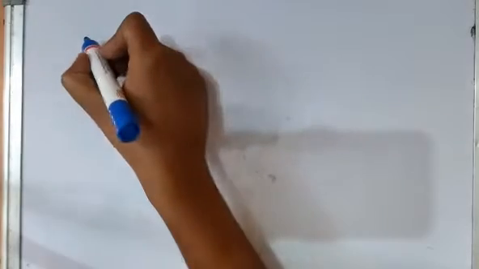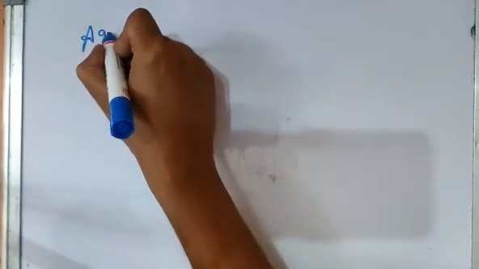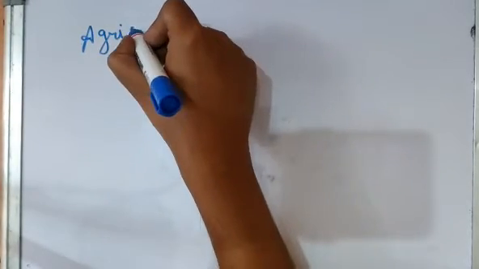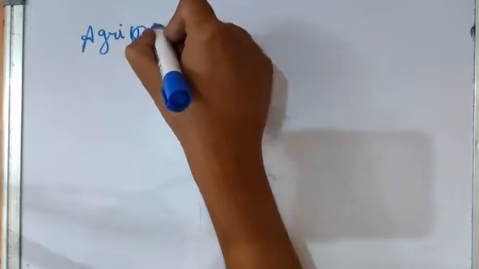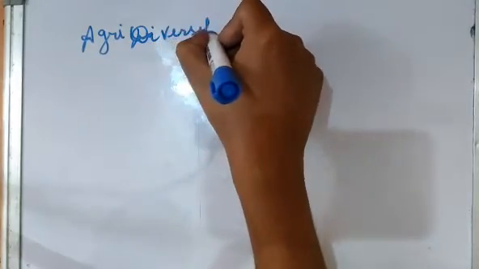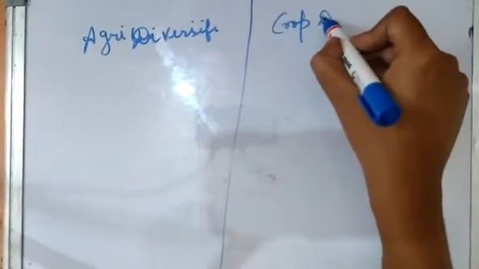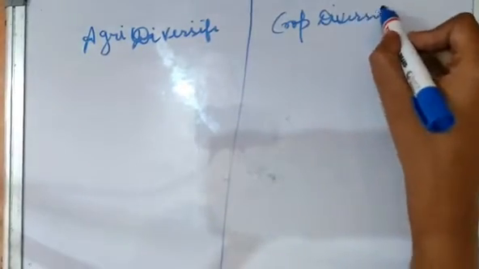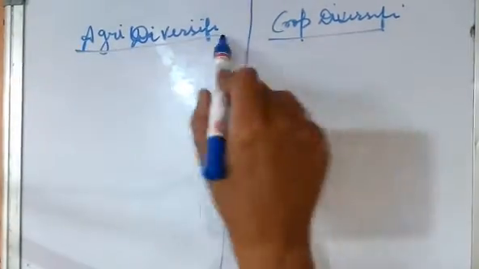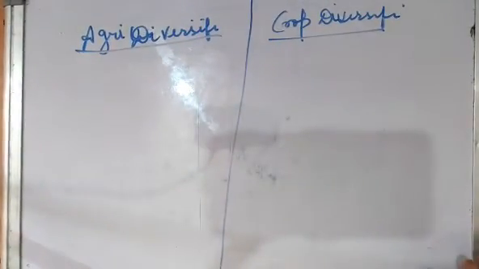Now moving on, what is agricultural diversification, and how is it different from crop diversification? So we are going to see here both agriculture and crop diversification. First on agriculture diversification.